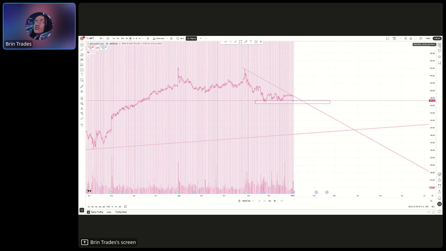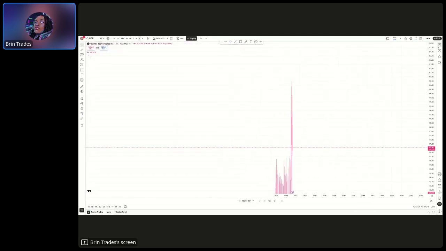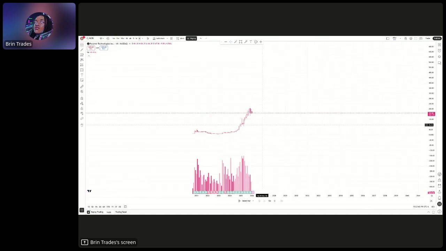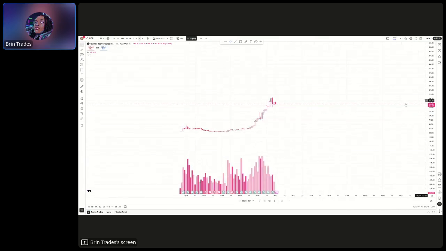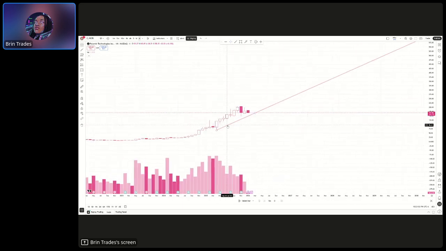If we go to PLTR, do the same thing. We'll do monthly. Dang, PLTR. It grew from, can start at this zone over here. Oh Lord, that's not even a good zone to start off with.